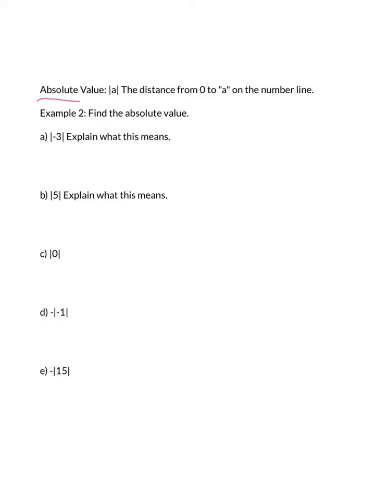The absolute value in mathematics is represented by two vertical lines or bars. And when we see a number inside of those bars, what happens when we apply the absolute value bars to the number is it makes any negative sign go away.